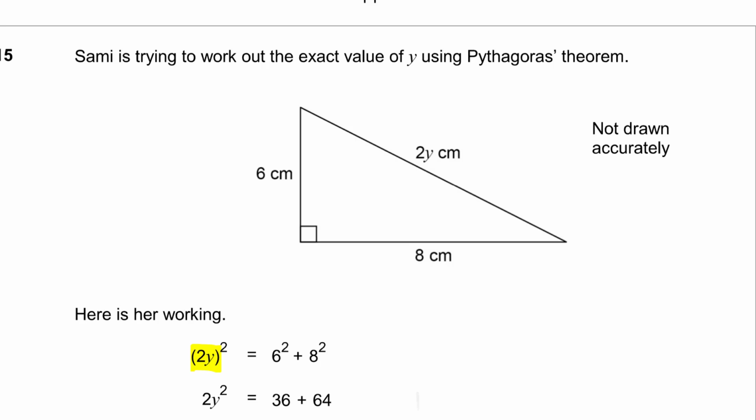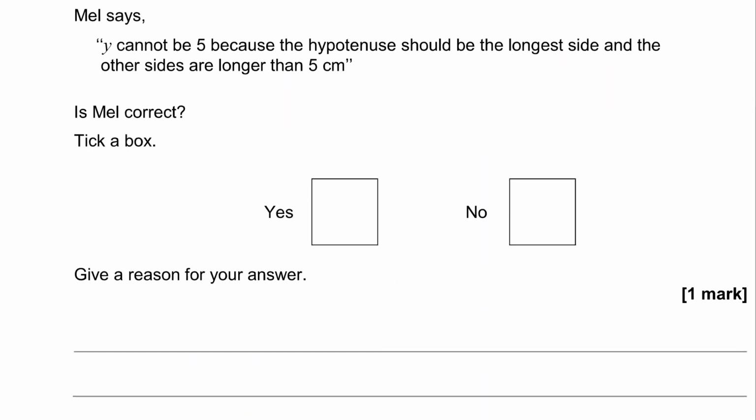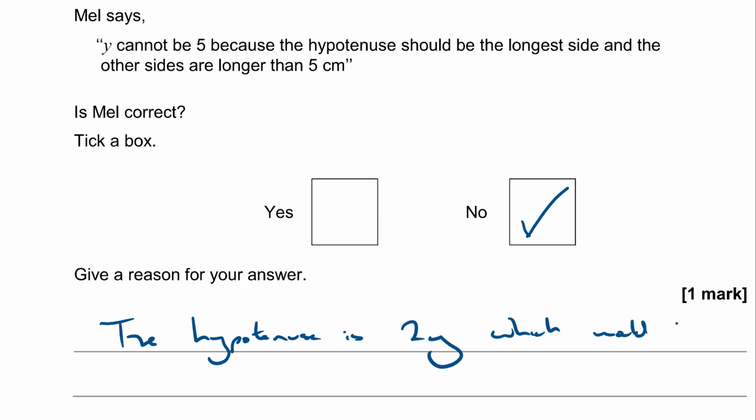And 10 would then be the longest side. So, is Mel correct? No, she is not. Give a reason. The hypotenuse is 2y, which would be 10, which would be the longest side.